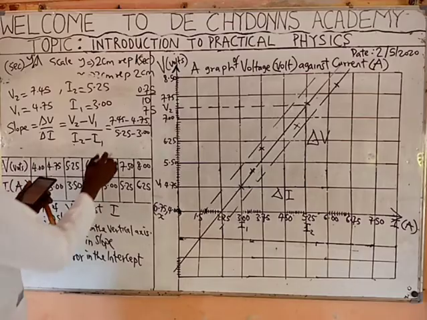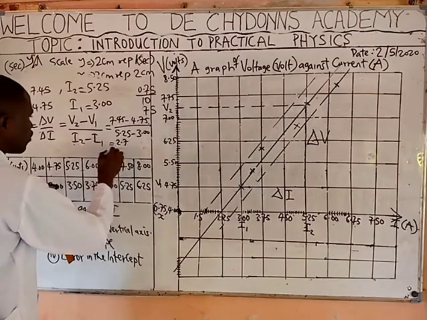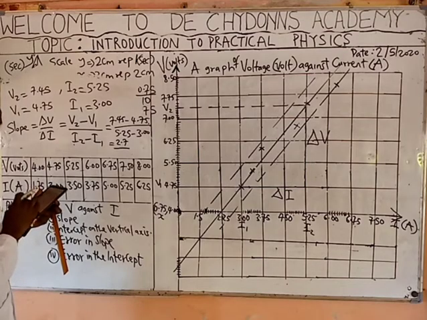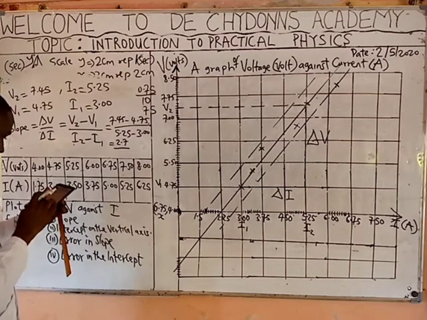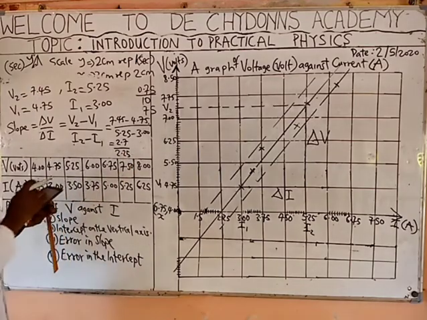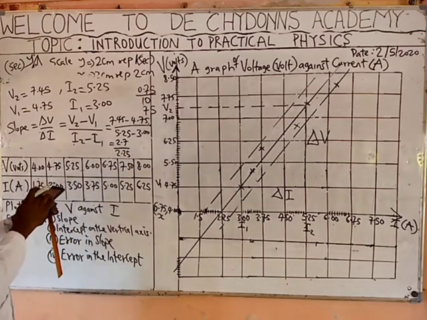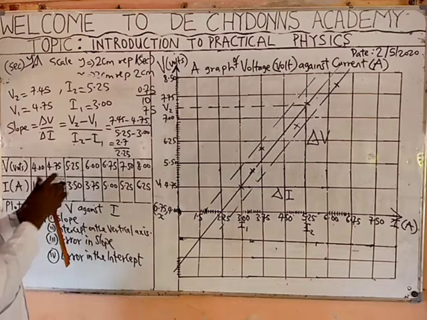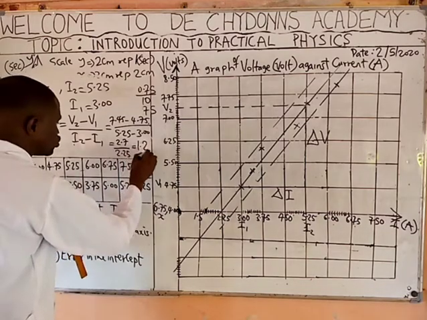That will be giving you 2.7. 2.7 all over 5.25 minus 3. That will be giving you 2.25. So, 2.7 divided by 2.25. That will be giving you 1.2.